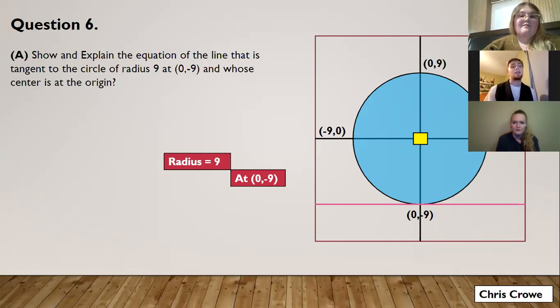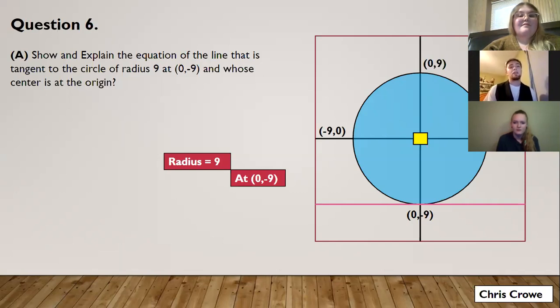Now it's asking to explain the equation of the line. So obviously the radius of the circle is 9. So that's where the tangent is going to be, at the opposite end of the radius from the origin, 0, -9.